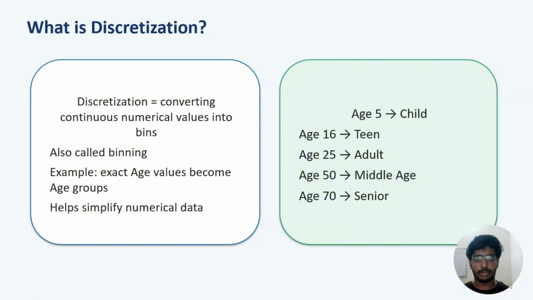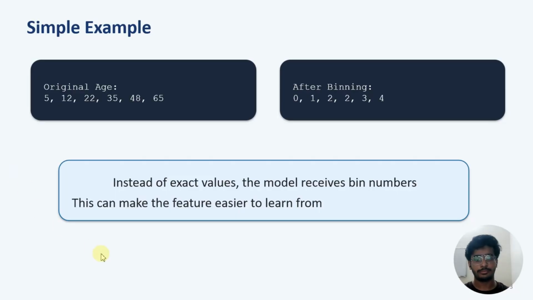Next comes a simple example, which is the age before and after binning. Suppose we have a passenger whose age is 22. So instead of giving the model the exact value age equal to 22, we can convert it into a bin, like age group equal to adult, or in machine learning format, age bin equal to 2.